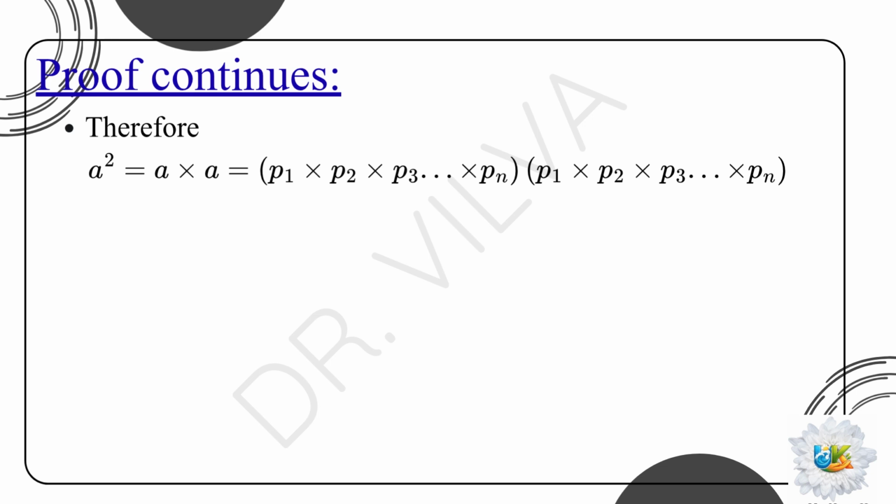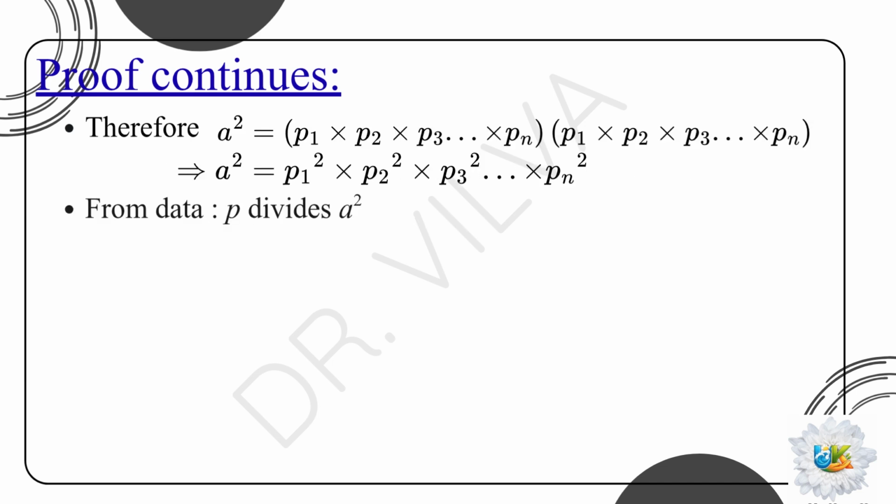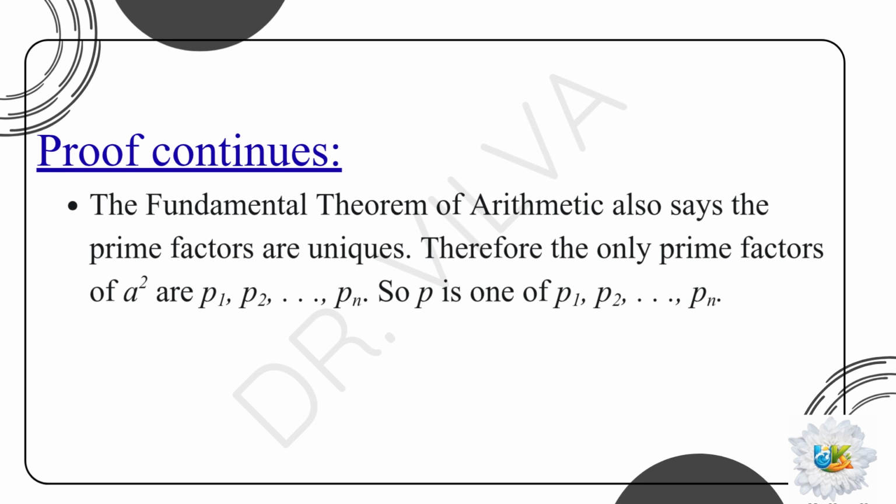This simplifies to a square equal to p1 square times p2 square times etc. pn square. Our theorem states that p divides a square. That is the given, which means p must be one of the prime factors of a square. According to the fundamental theorem of arithmetic, prime factorization is unique.